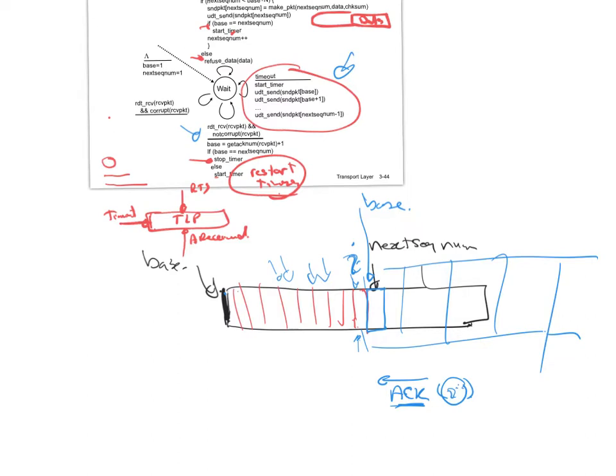So we start 0, 1, 2, 3, 4, 5, 0, 1, 2, 3, 4, 5, 0, 1, 2, 3, 4, 5, and so on. So whenever we say increment the next sequence number, this means modulo 5 or modulo 6, modulo 6. So after 5 comes 0. So we say it's modulo 6.